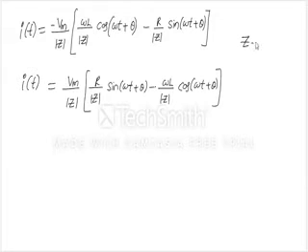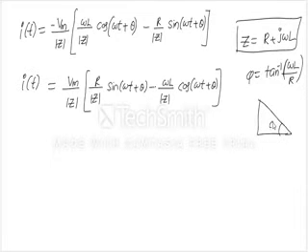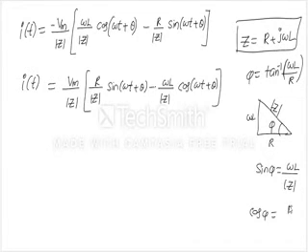Here Z, what we have taken, is R plus j omega L. So phi is given as tan inverse of omega L by R. This angle we can say is phi. This is omega L, this is R, and this is mod Z. So from this, sin phi is omega L by mod Z and cos phi is R by mod Z.